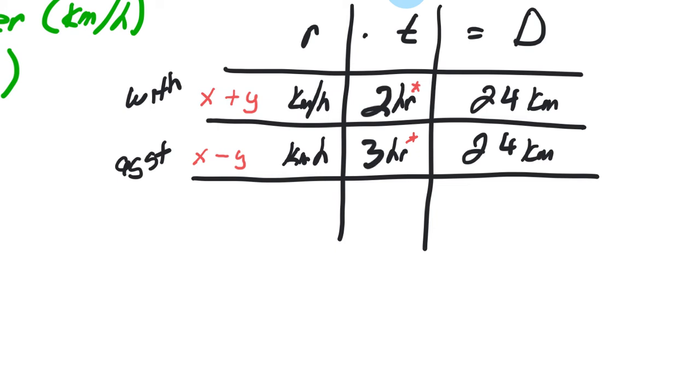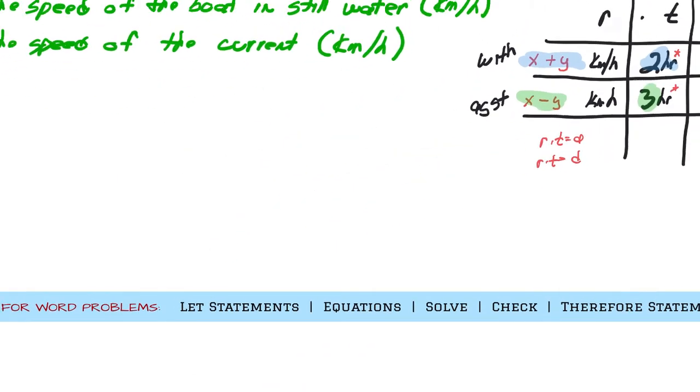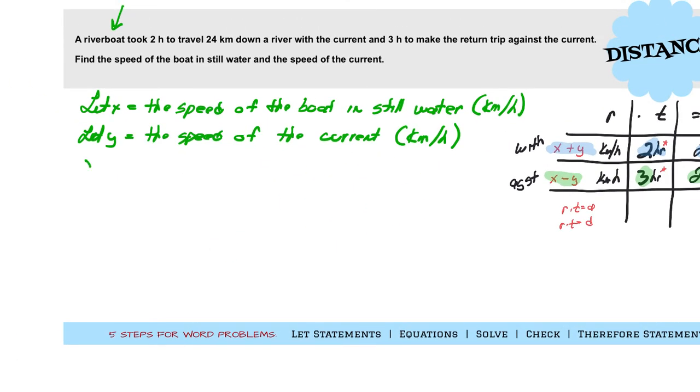And now you have your two equations. They're both going to be rate times time equals distance, rate times time equals distance. So straight across your chart, it'll be x plus y times 2 equals 24, and x minus y times 3 equals 24. So x plus y in brackets times 2 equals 24.